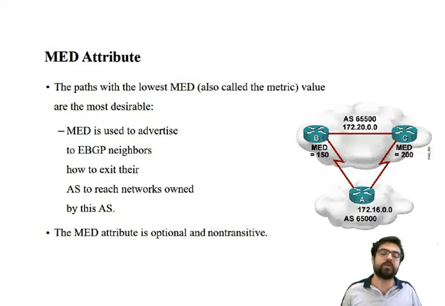So in this way, you're gonna tell the edge routers of the service provider, my MED, my net here is 150 and here is 200. To me, there is no difference. I'm gonna communicate with you maybe via either this link or this link. But whenever you're gonna respond to me, whenever you want to share something with me, please share via this link. So this is the concept of MED.